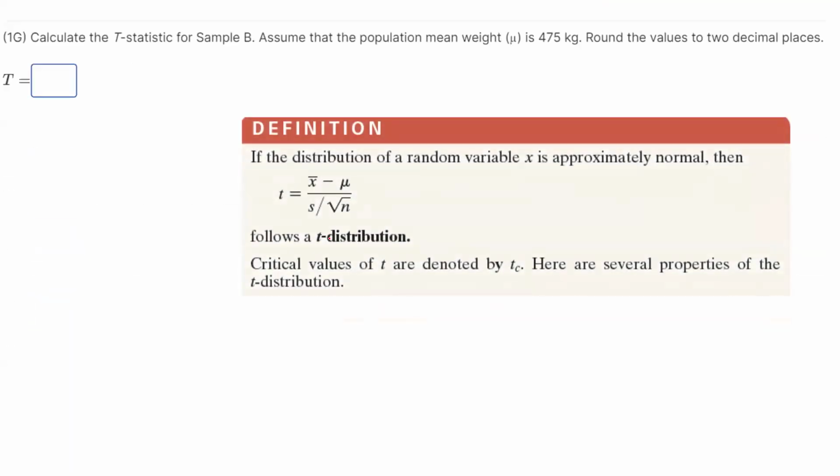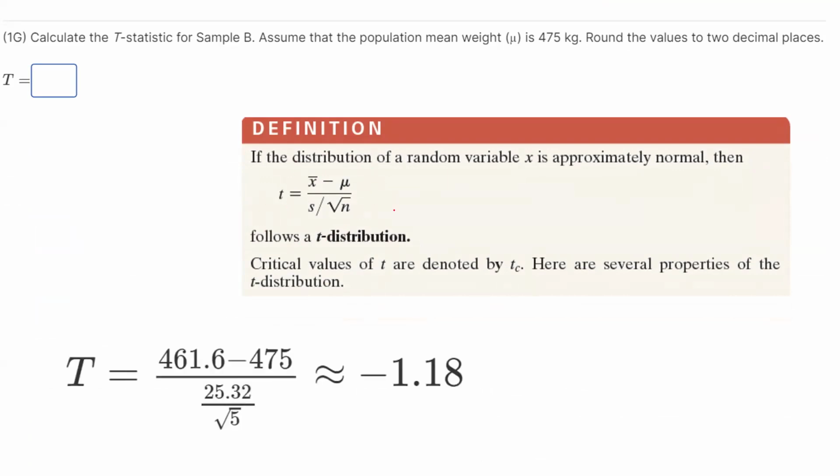Now, what's the next question? The next question says, hey, calculate T statistic for sample B now. But remember the formula, T is equal to x bar minus mu divided by S over square root of n.